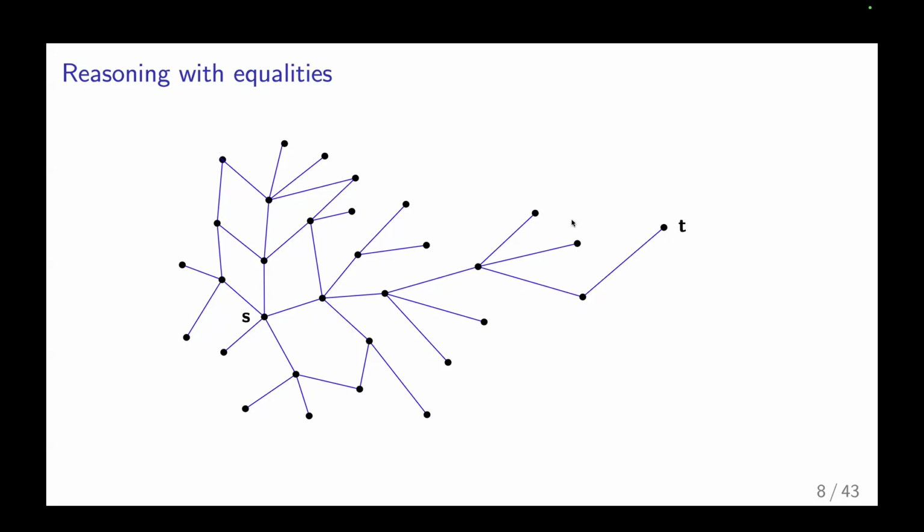Otherwise, if you use some kind of heuristics to reach T quickly, the problem is there is no real guidance to guide you towards T. Just because two terms are equal or because you have reached some term, it does not mean that you have gotten any closer to T. Or it's really hard to define such heuristics.